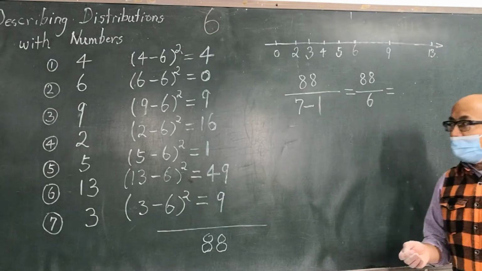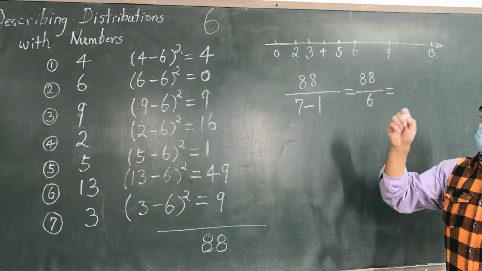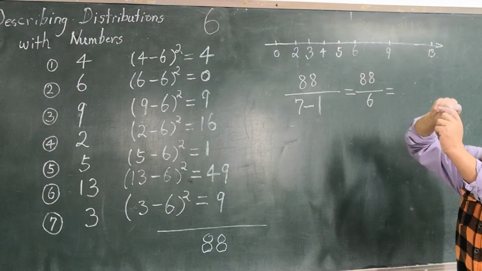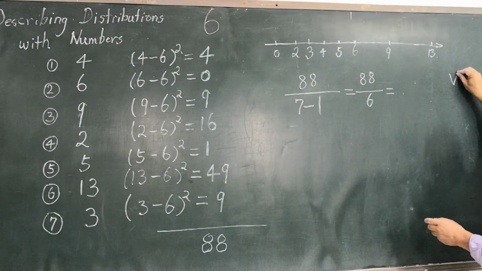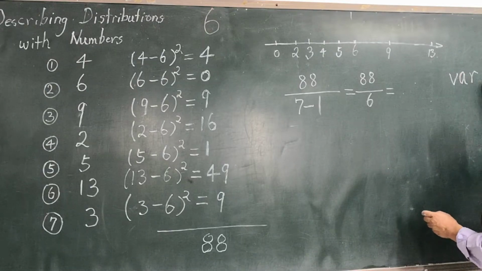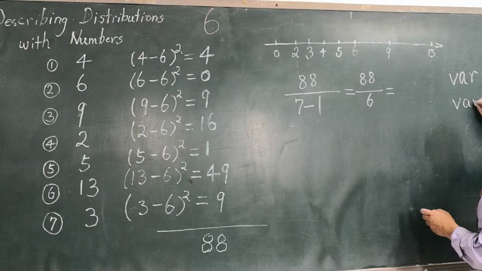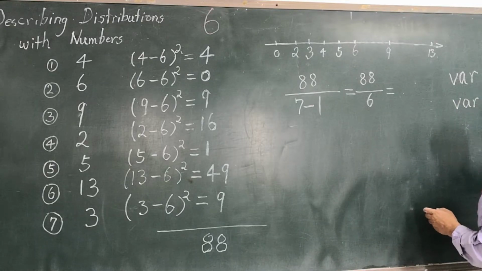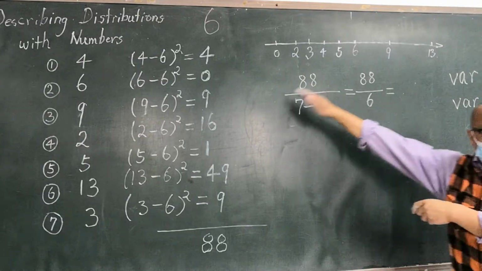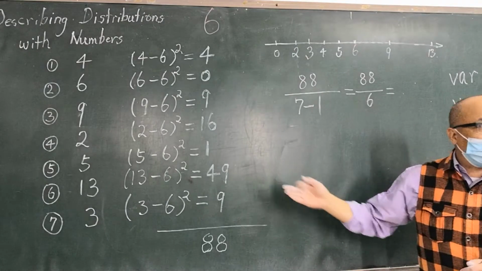If it is a sample, then in Excel, tomorrow I will show you, when you select the formula, they have VAR.S and VAR.P. In Excel, you don't want to do this by hand, and these days nobody does it by hand.